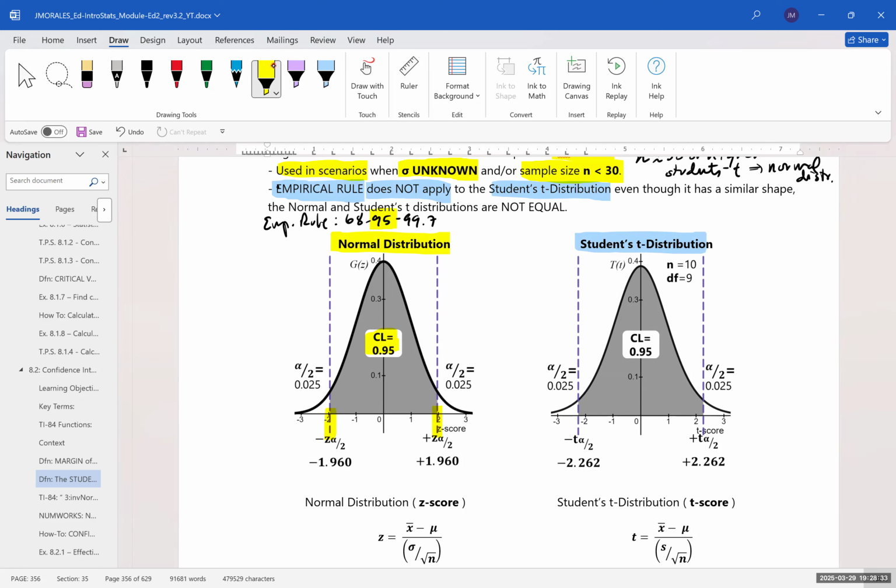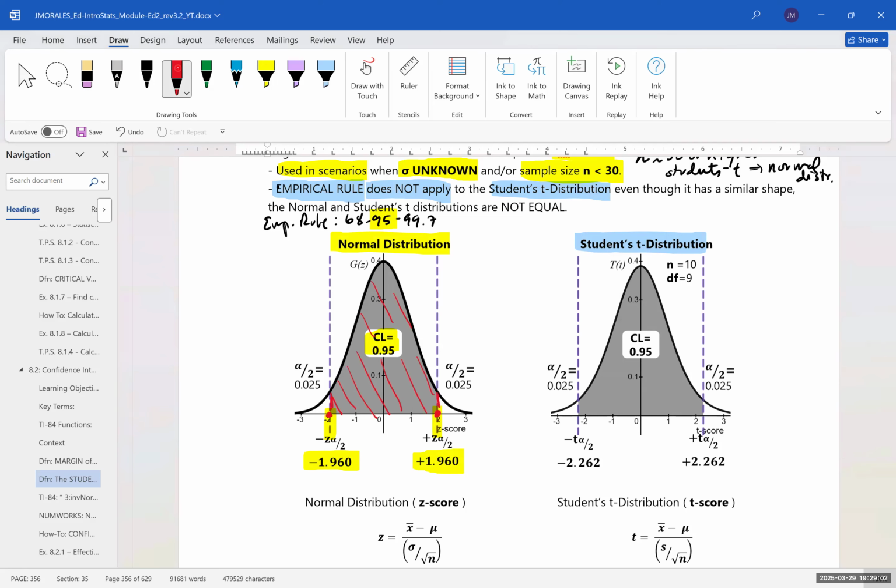So you can see with the normal distribution, when we have a confidence level of 95% in the middle, we have critical values of 1.96 and negative 1.96. So these two critical values here and here define the boundary of a 0.95 area in between them.